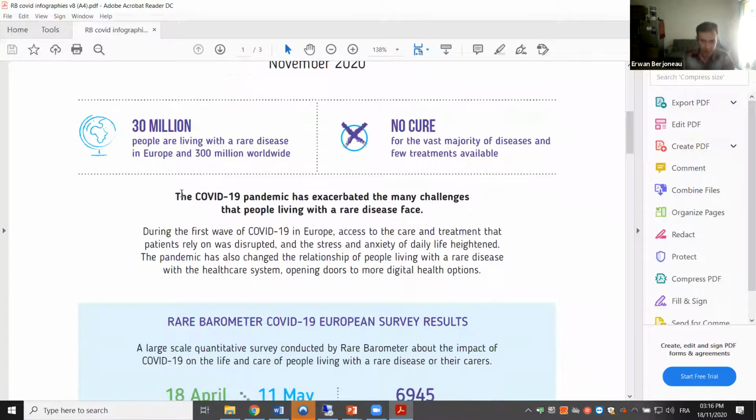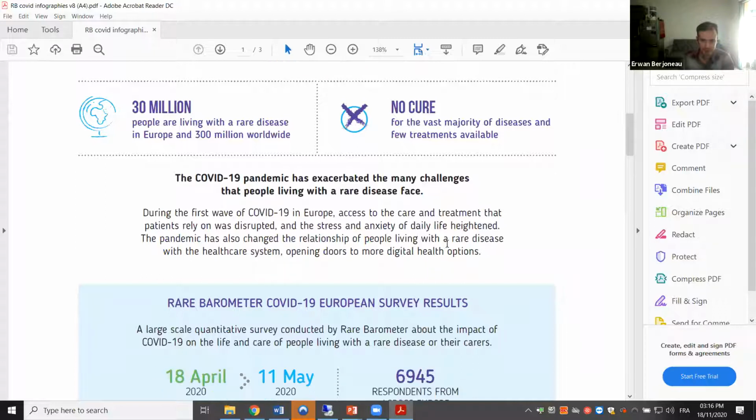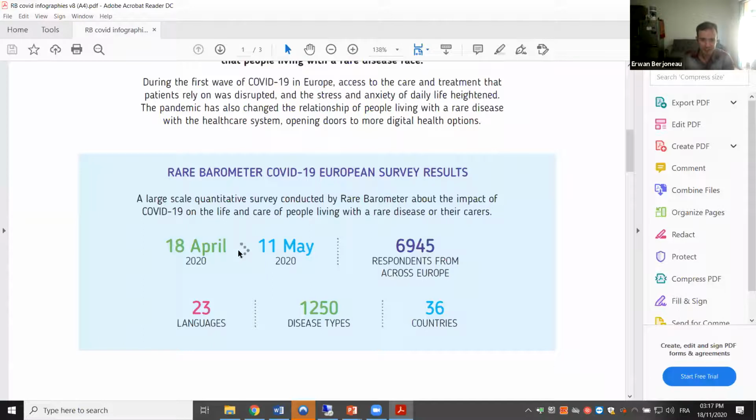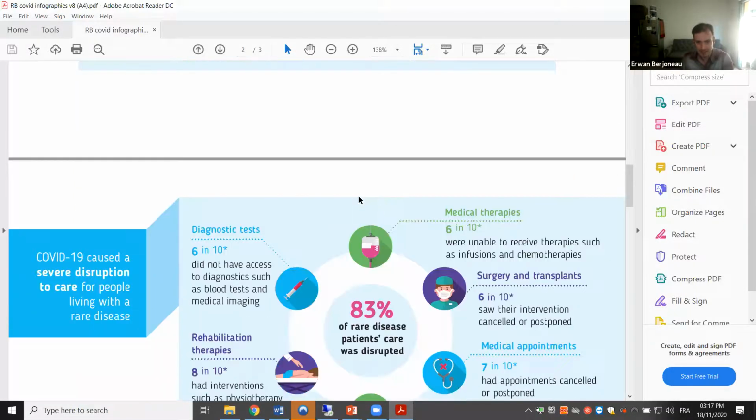We have here an introductory paragraph to this document. We have here some key elements: the date, the number of respondents across Europe, the number of languages, the different diseases that are covered, and the number of countries represented. And then it's exactly what we saw.